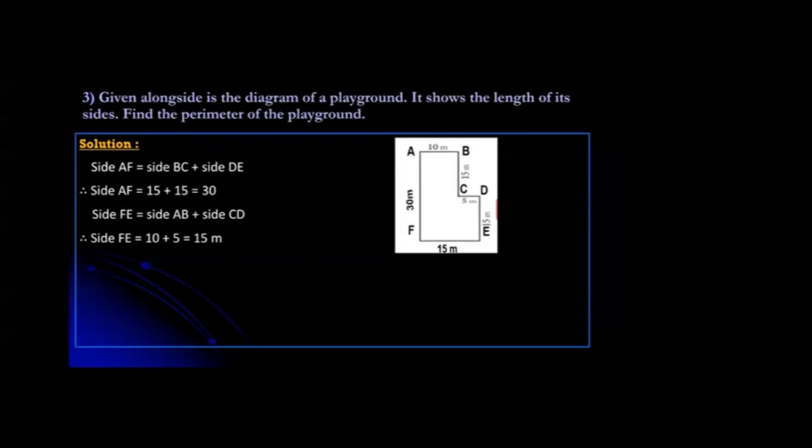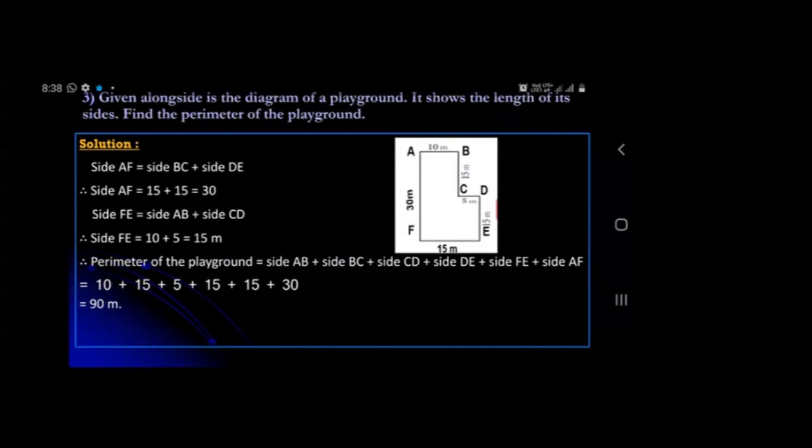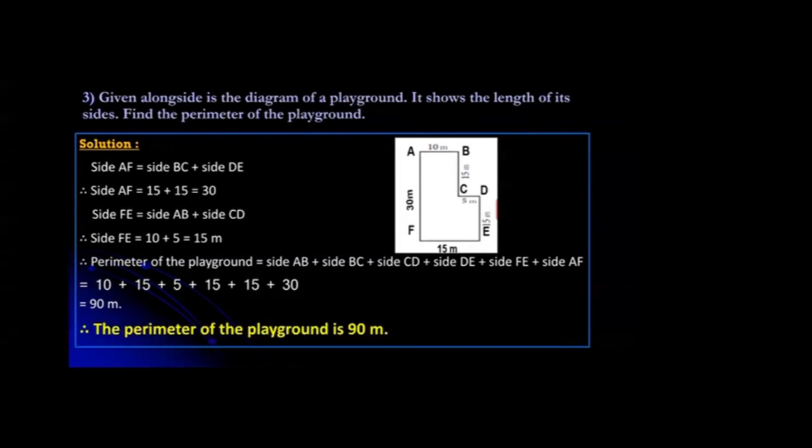So we got AF as 30 meter. And side FE is equal to AB plus CD, which we got as 15 meter. Therefore, the perimeter of the playground is equal to the sum of all the sides, which is 10 plus 15 plus 5 plus 15 plus 15 plus 30. When we do the addition of all these sides, we get the answer 90 meter. So, the perimeter of the playground is 90 meter.